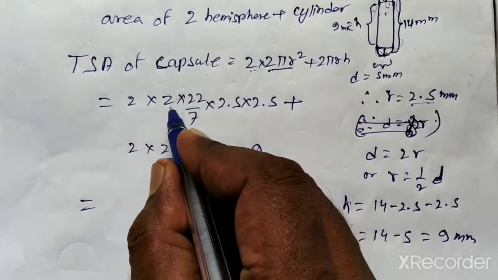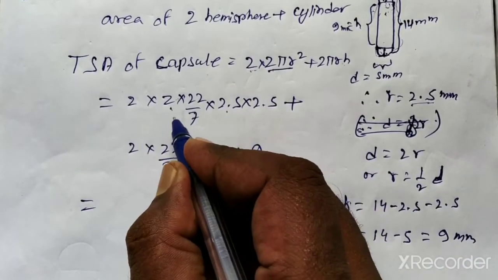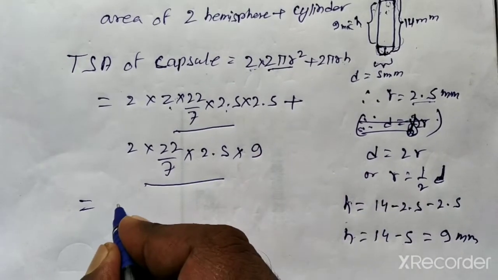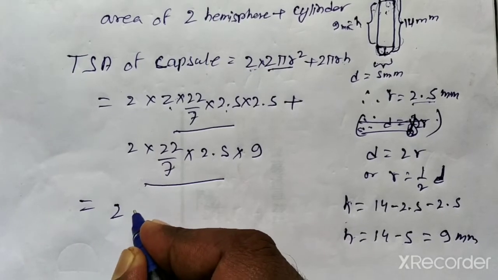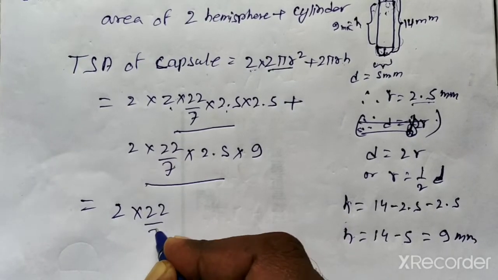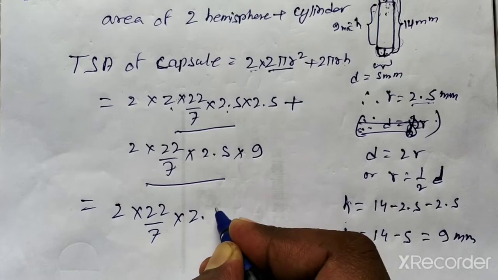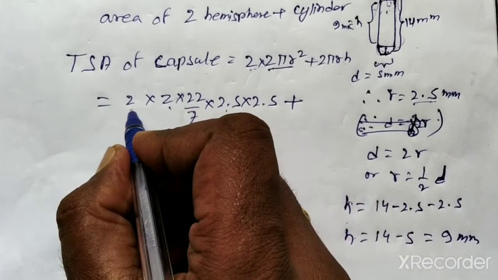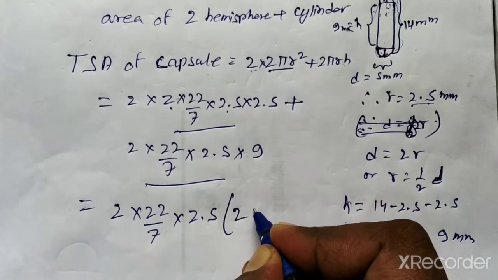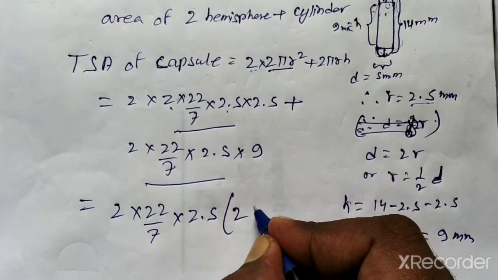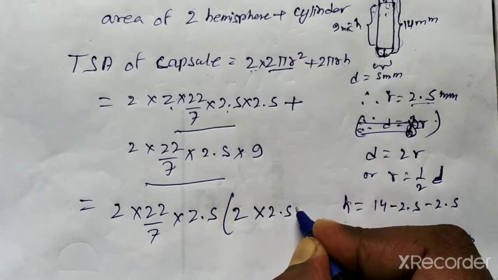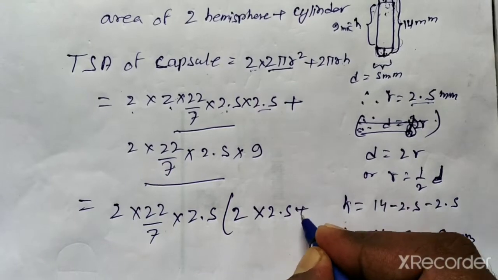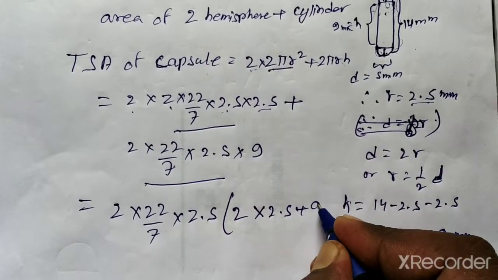See here, 2 pi r here, and here also 2 pi r are common, so we will take this outside. 2 into 22 by 7 into 2.5. Now inside, 2 into 2.5 plus 9.